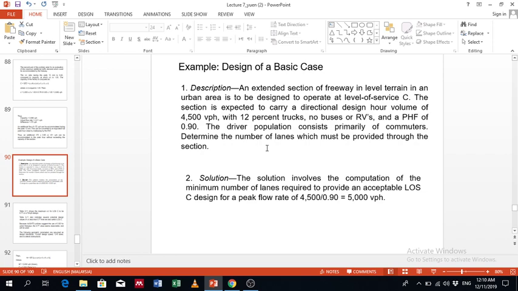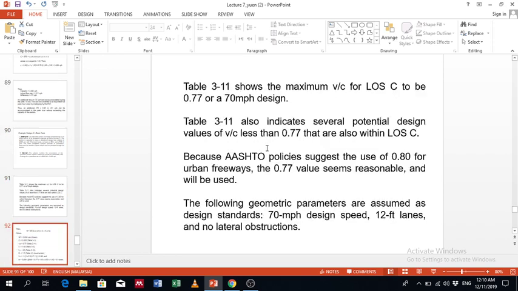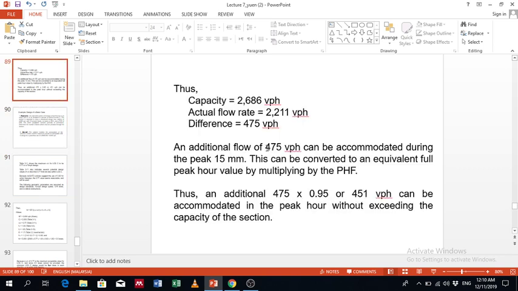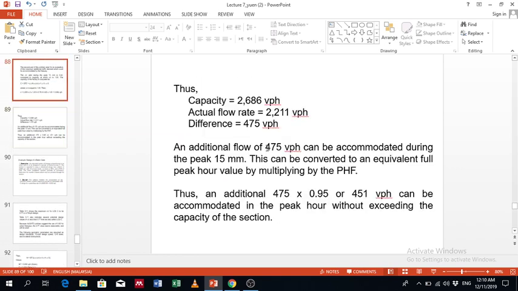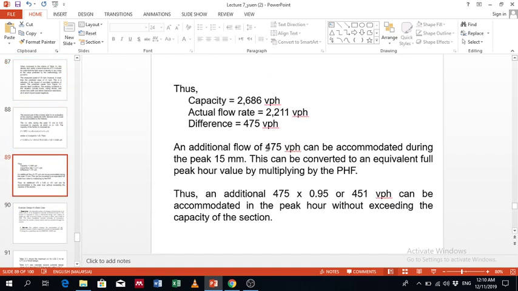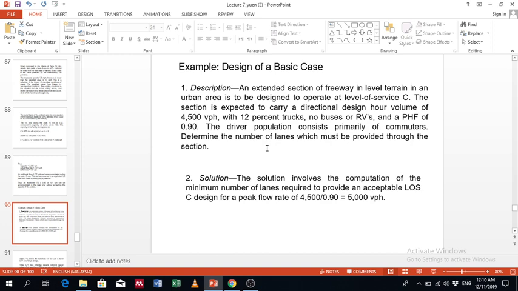Okay, class. The other example is about the design, and the other one would be for the planning. But I stop here and I will give you the example, and hopefully you can solve this problem about the design on your own.